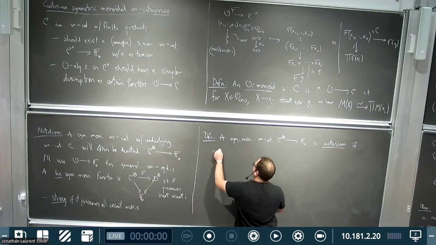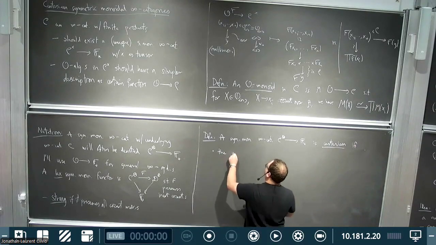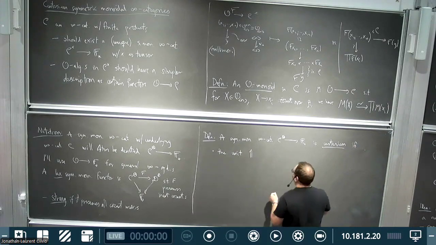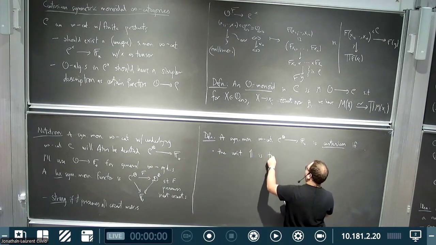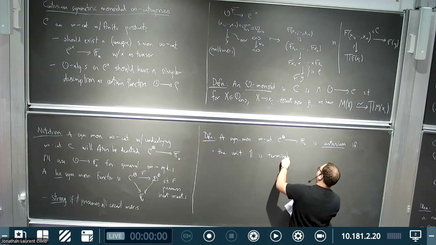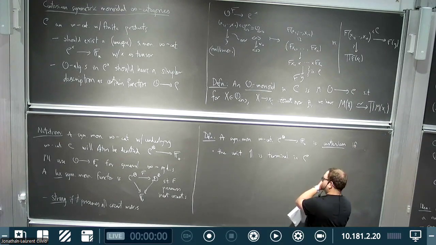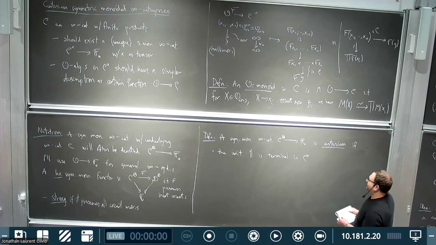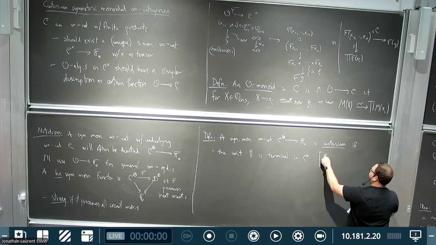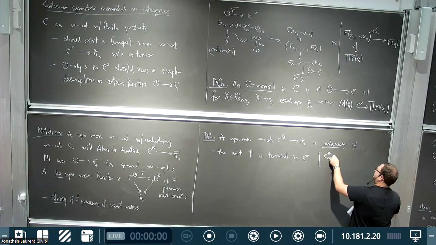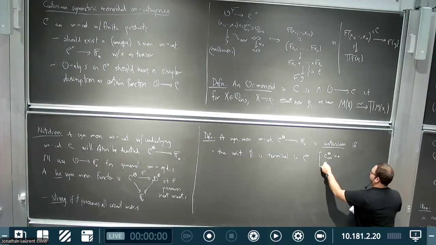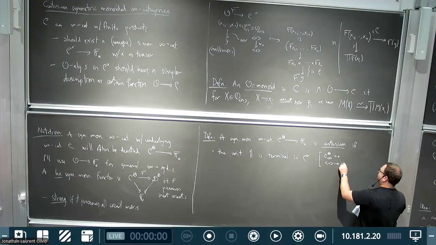First of all, the unit object one in C is a terminal object in C. So to obtain the unit, I start with C tensor at 0 being a point. And then I have my unique vacuum map from 0 to 1.